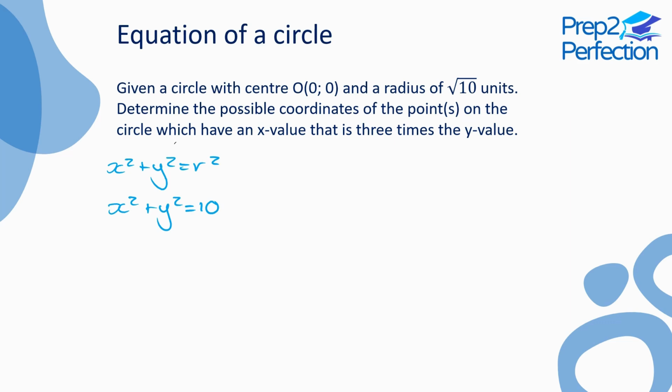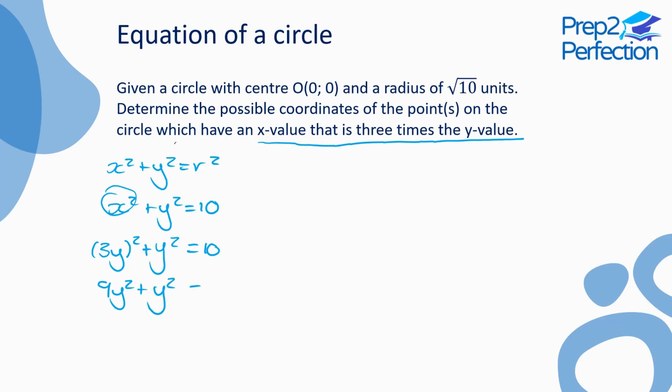So from here, we know that the x value is 3 times the y value, so we can plug this into the x value here. So we say that (3y) squared, because it's 3 times y, plus y squared equals 10. Now we just simplify everything, and from here we get 2 values for y. So we're just going to carry on simplifying.